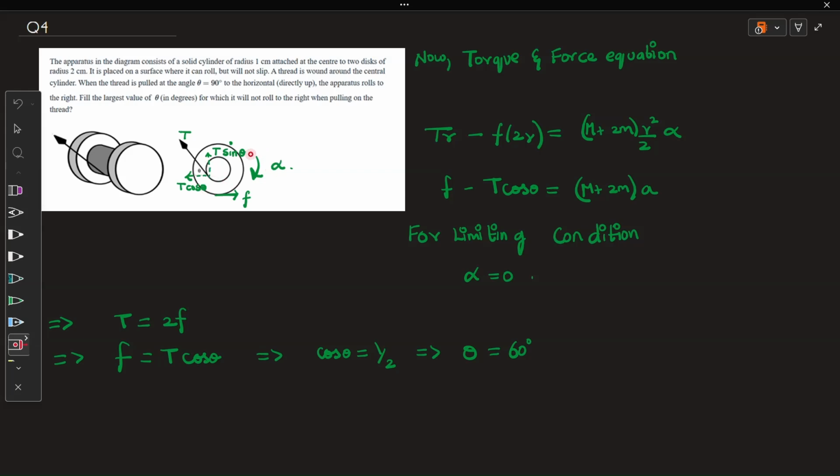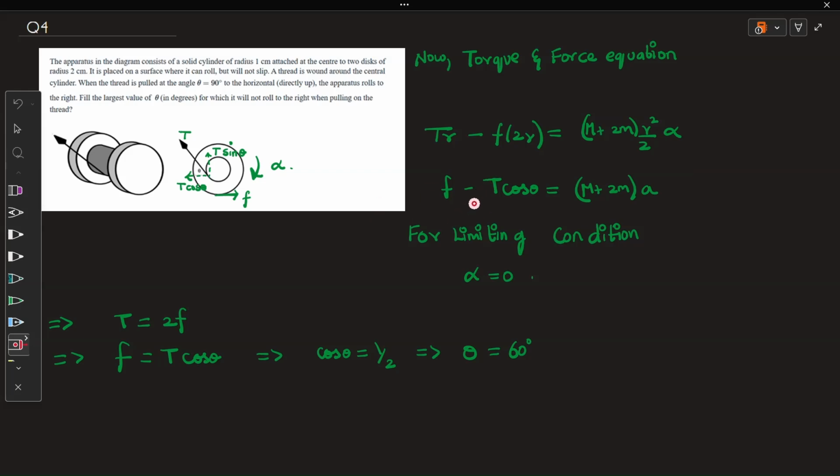I'm considering alpha as positive, clockwise as positive in my convention, so this torque should be greater. So TR minus F into 2R is the moment of inertia of the system into alpha.